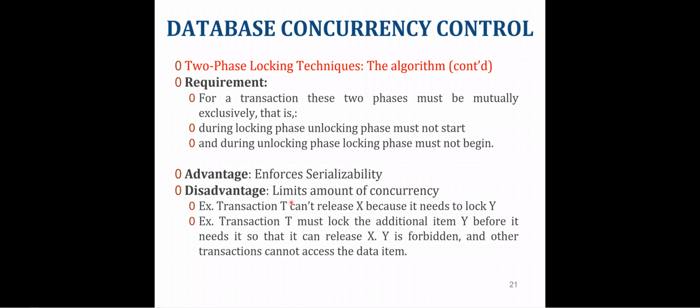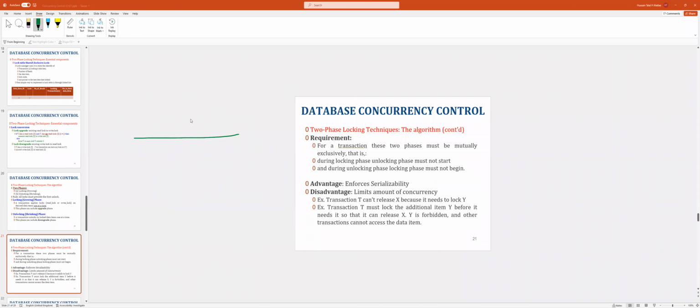Disadvantage: it limits the amount of concurrency. A transaction T cannot release X because it needs to lock Y. Again, for example, T1 here locks item X, and wants to do a lot of things with item X, let's say, for example, read X and so on. And now it wants to unlock it because it doesn't need X anymore.